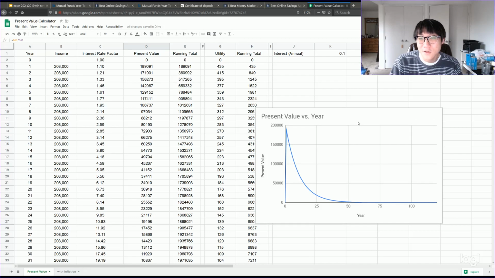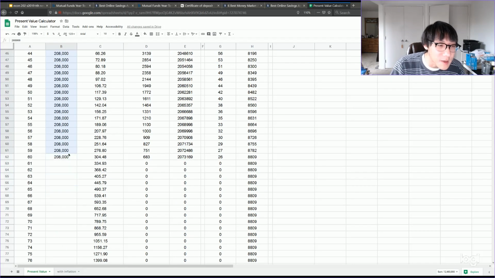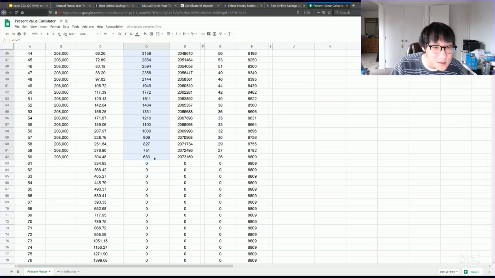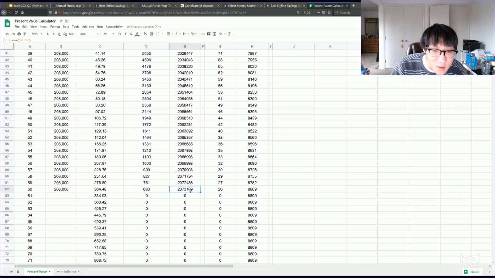Okay, so if we take all of these payments and look at the present value of all of these and then add them up, here's my running sum, you can see the number at the very end of this process is just a tiny bit over $2 million. If we round, it's $2,073,000.